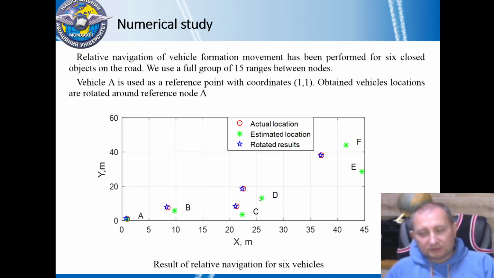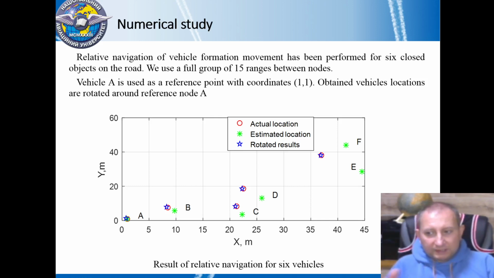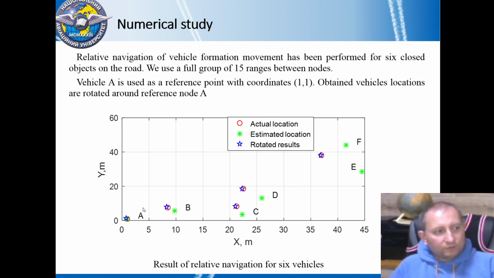However, this configuration is rotated around the center of our reference frame. That's why we need to count the angle alpha and then apply rotation of our results by this particular alpha angle.